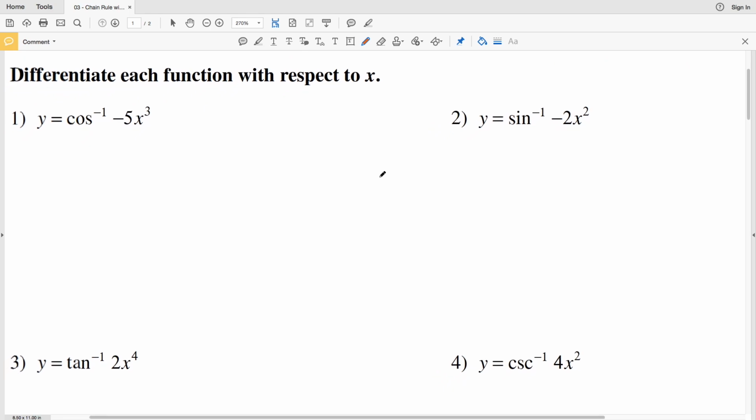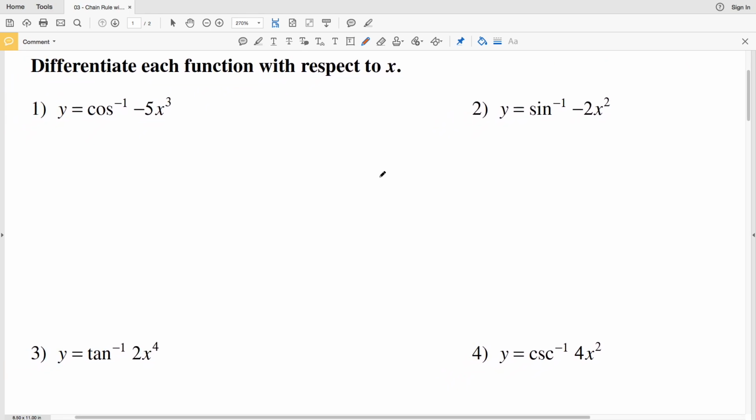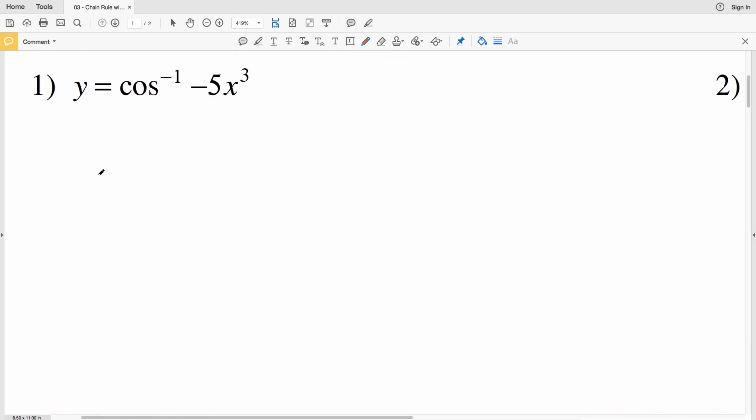We're going to be differentiating each function with respect to x for numbers 1 through 8. Looking at number 1, we have y equal to the inverse cosine of negative 5x cubed. So we know that we're going to be using the chain rule. So writing that chain rule out, y is going to be equal to the inverse cosine of u.